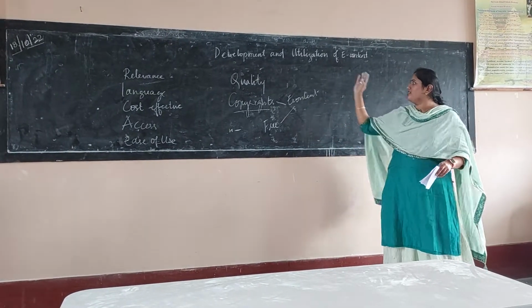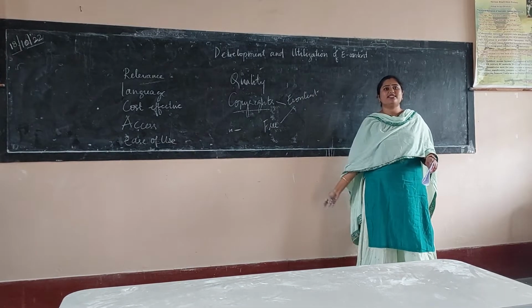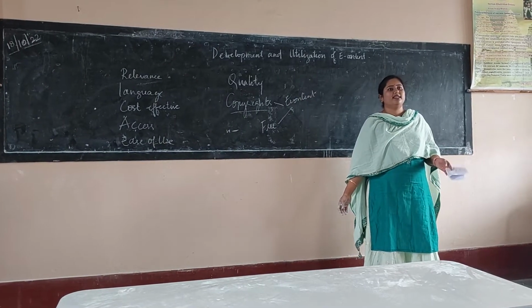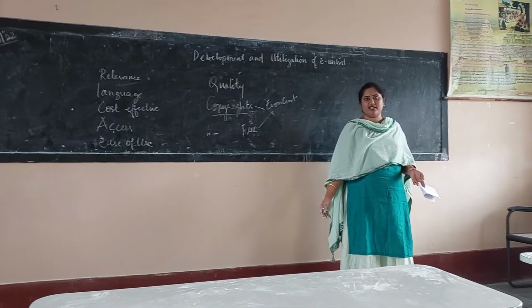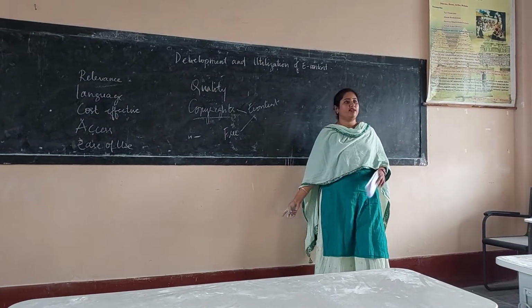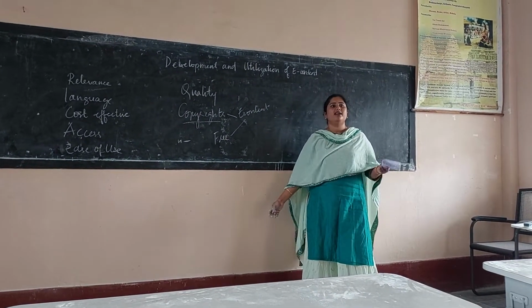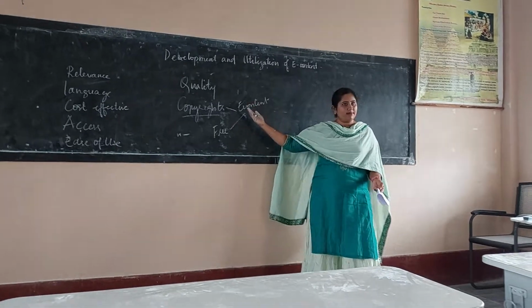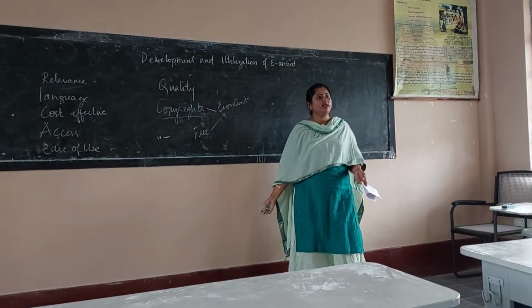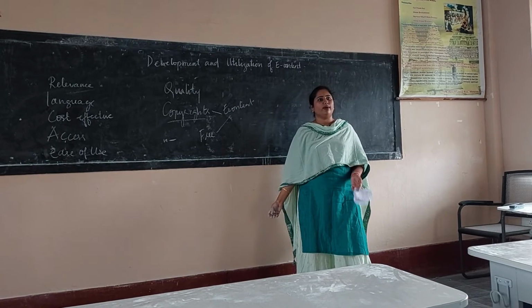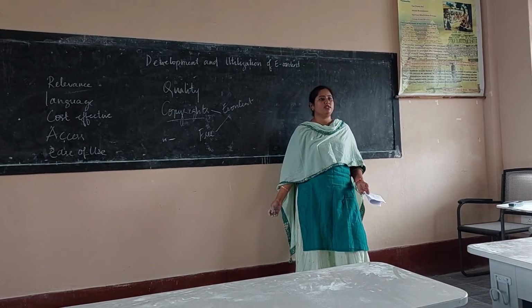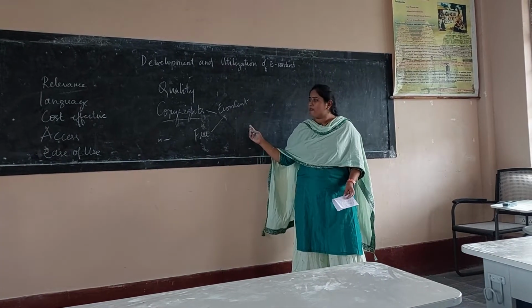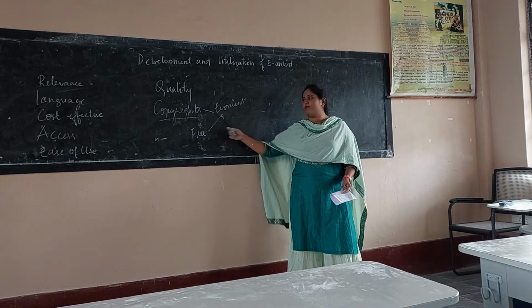So today we have discussed development. Rather, we started with what is e-content, some learning material available digitally, and then we went on to see what are the different forms of e-content. Then we studied how to develop an e-content through the ADDIE model, which is the most basic and most widely used model.